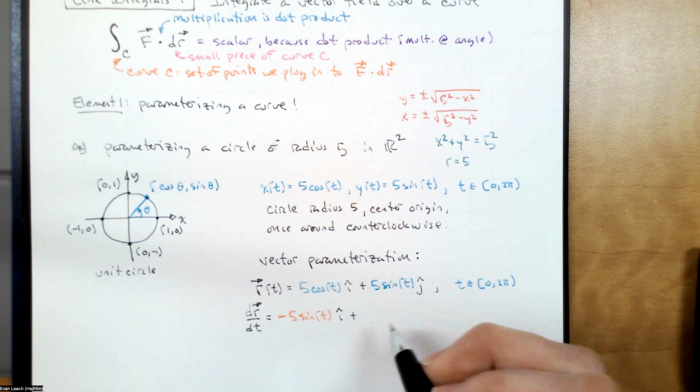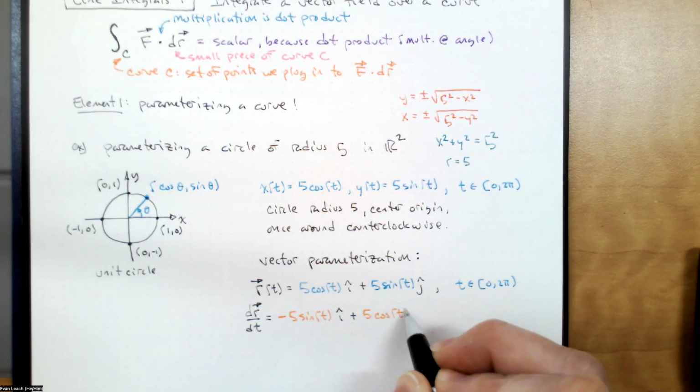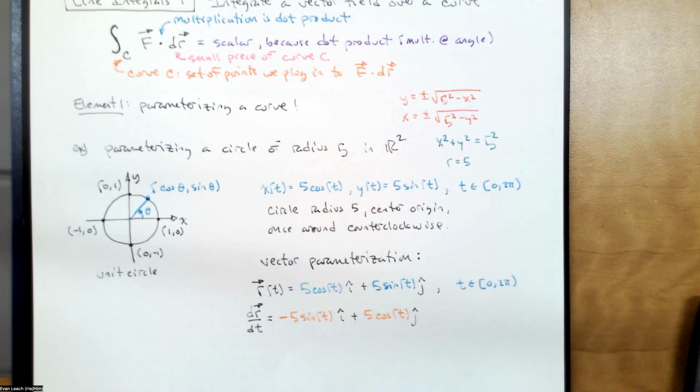The derivative of sine is cosine, so this component is going to be 5 cosine of t. So if you're like, oh, do we just take the derivatives of the components? Yes. Your calculus instincts serve you well.